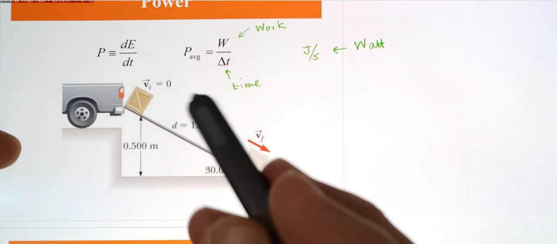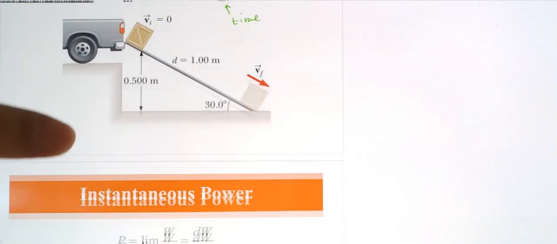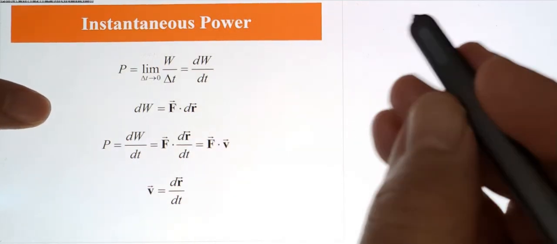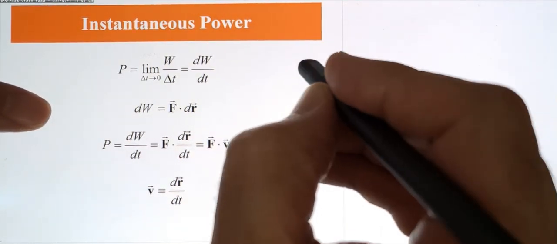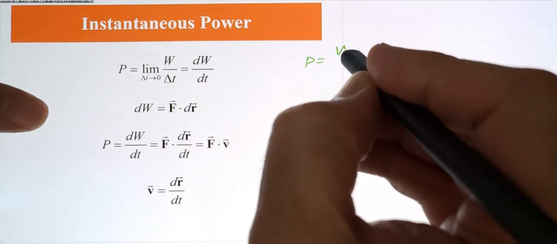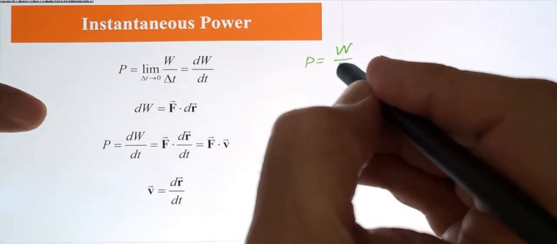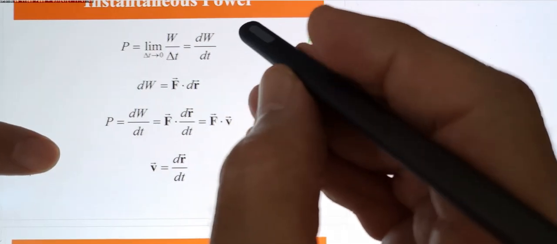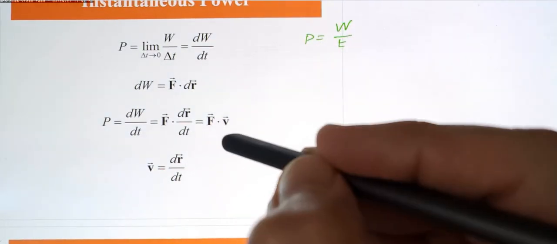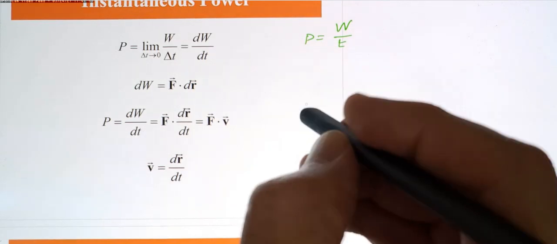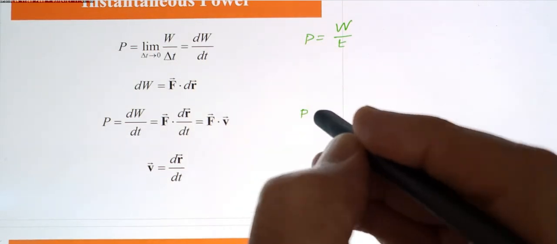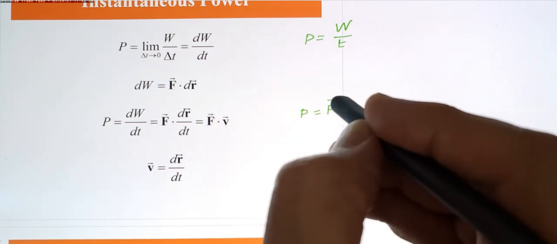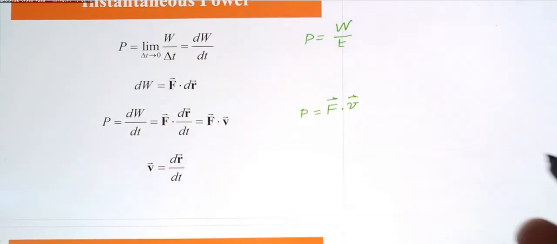Now he wants to show us that we start with P equal to work over time, and he is deriving for us and proving that power could also be written as force multiplied by velocity.